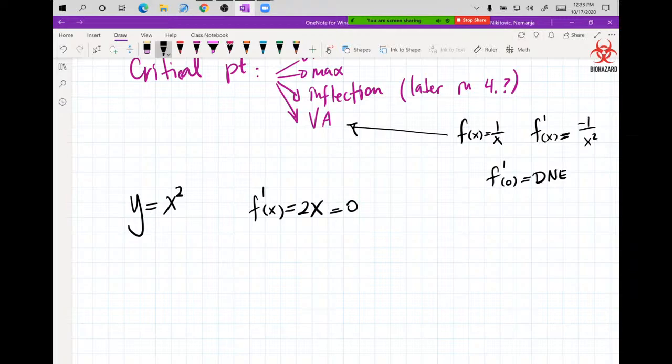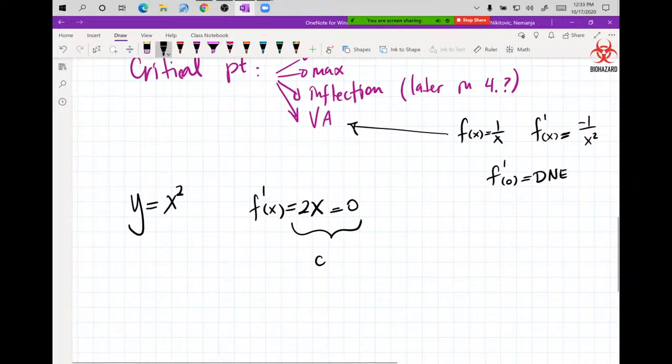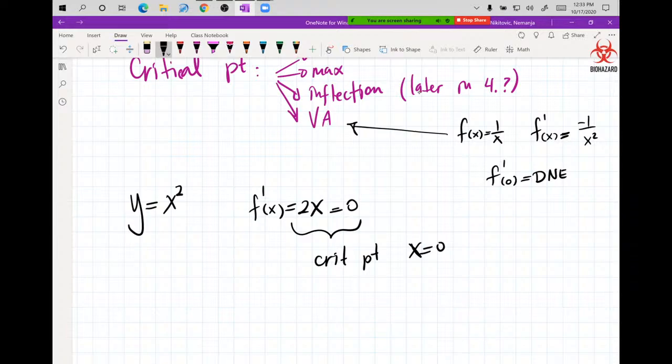Remember how I said in chapter 4, it's not just differentiating, but you also have to set it equal to 0 and solve? Yes, because now this equation will tell you that the critical point is at x equals 0. When you solve that equation, you get x equals 0, and y is equal to 0 squared, which is 0. You have your critical point at (0, 0).